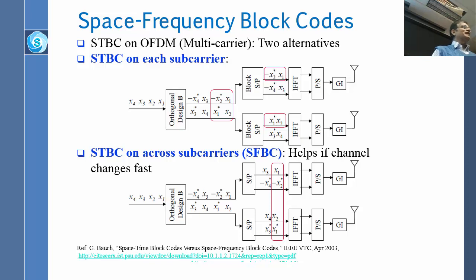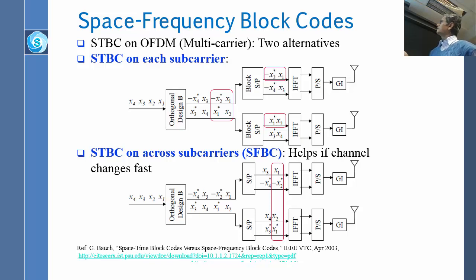Instead of space-time, it is space and frequency. There are 2 antennas here. On one antenna, we send this combination. On the other antenna, we send this combination. You can also do it many different ways. You can do it as shown here, where X1, X2 star, X2 and X1 star are on 4 different carriers.